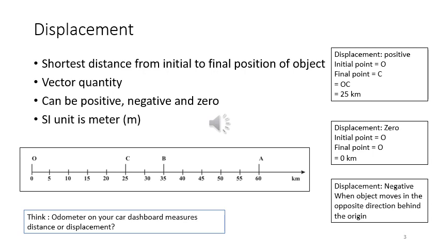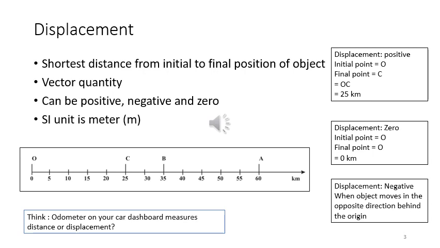Let us consider the same object once again. Now, say the object is moving from position O, so the starting point is again O, to A, then to B, and then to C, and it stops. Now, the initial position was O, and the final point where the object stopped is C. How much has that object displaced?